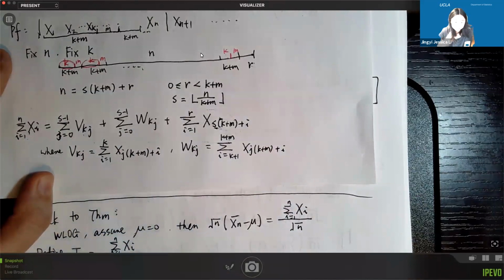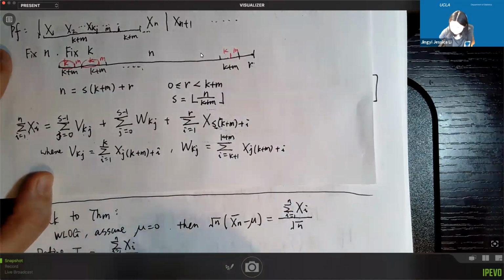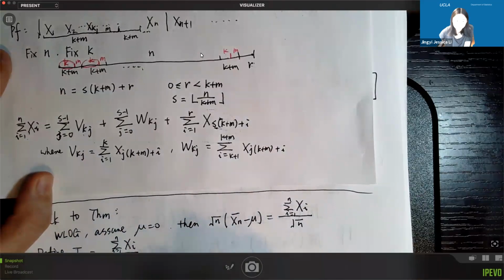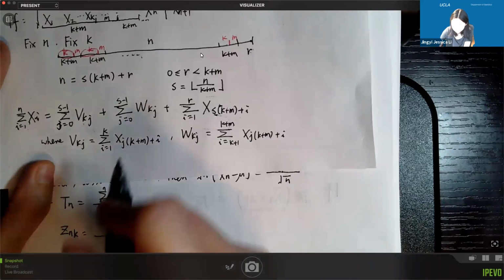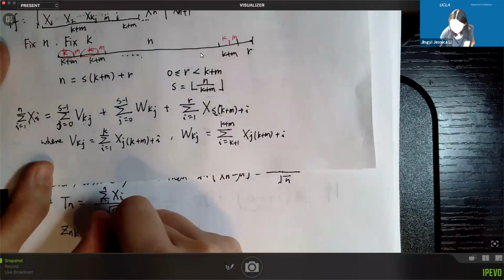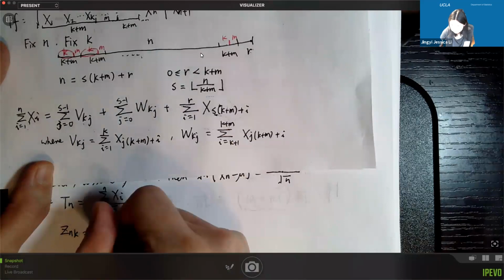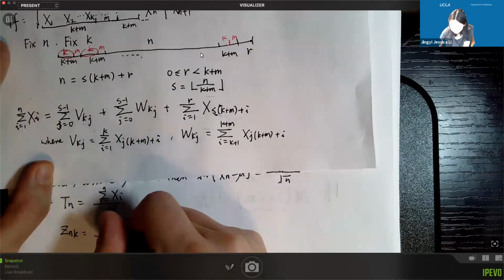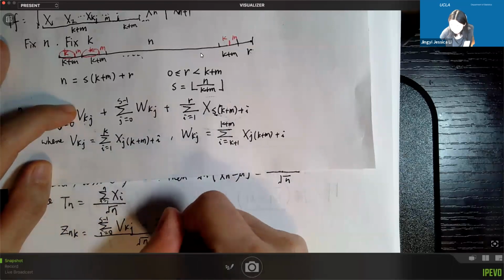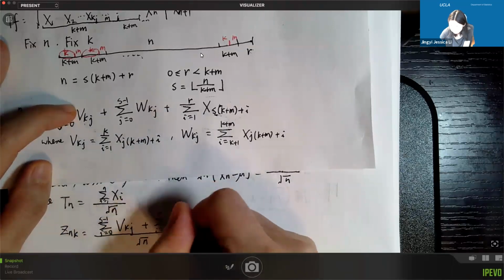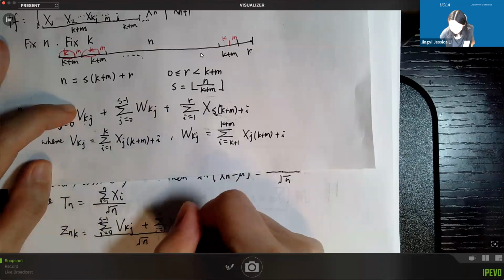as the root n times the summation j from 0 to s minus 1, V_{kj}, plus the summation i from 1 to r of X_{k+m+i}.